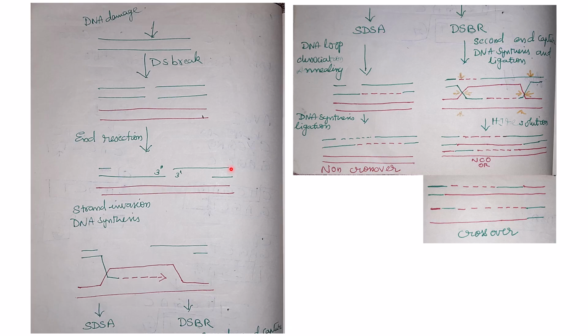What does this 3' overhang do? It will invade the homologous DNA duplex, the red one which I have drawn here. It will invade the homologous DNA duplex, resulting in a D loop.